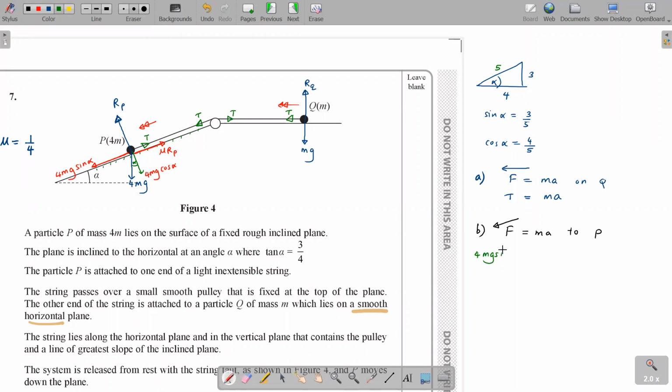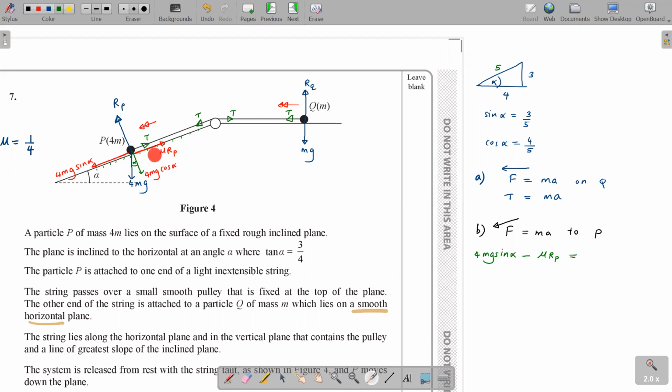4mg sin alpha is down, it's pulling down. Who else is there? We have the friction, mu R P, where R is the reaction at P. Those are the only forces along the plane?